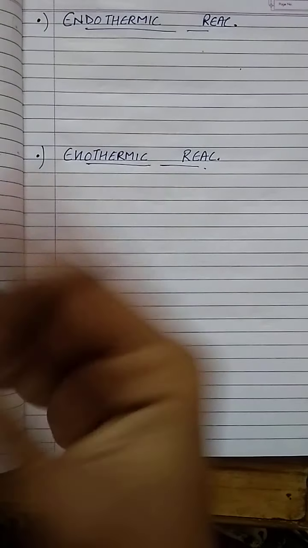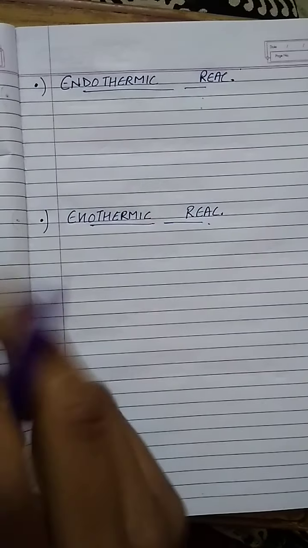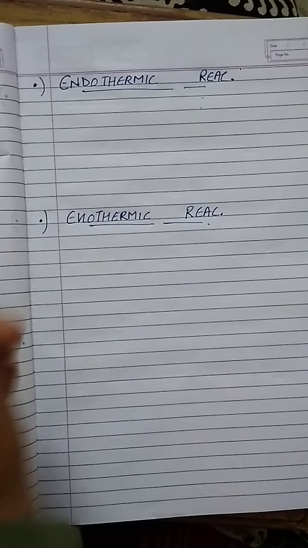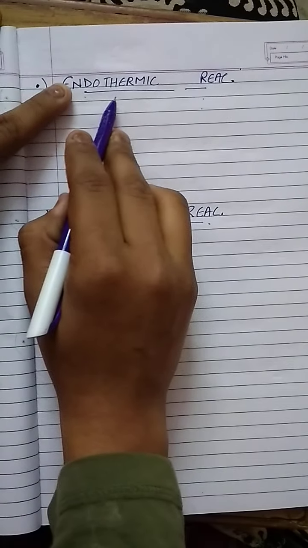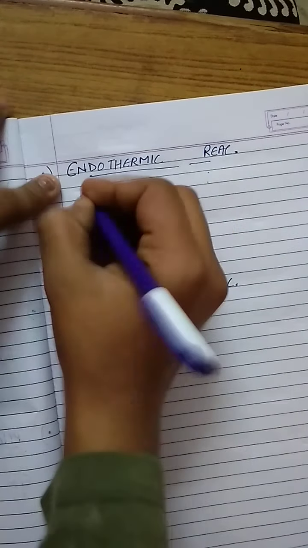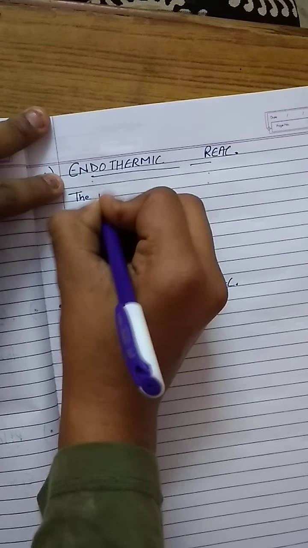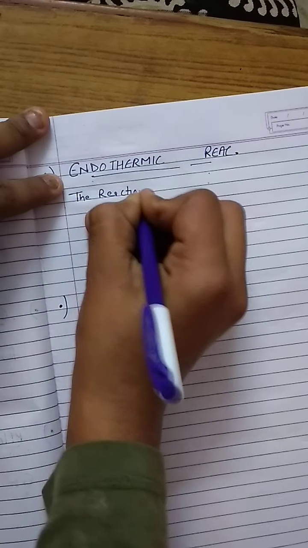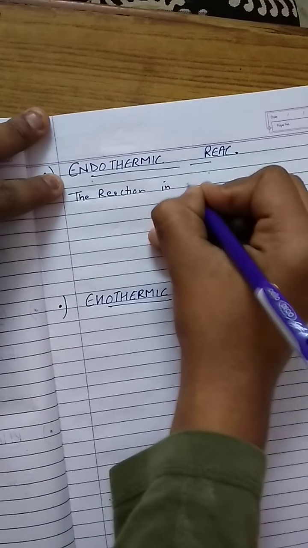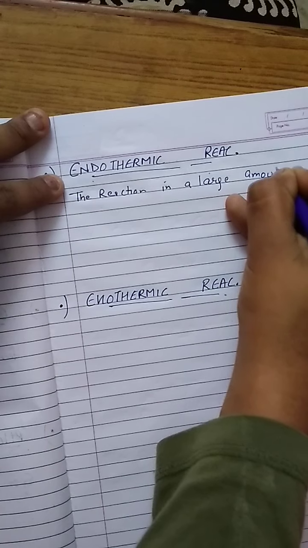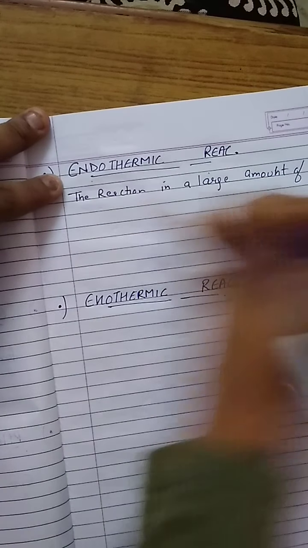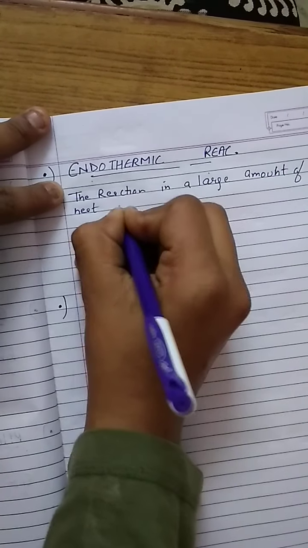There are two more types of reaction, that is endothermic reaction and exothermic reaction. Endothermic reaction is a reaction in which a large amount of heat is absorbed.